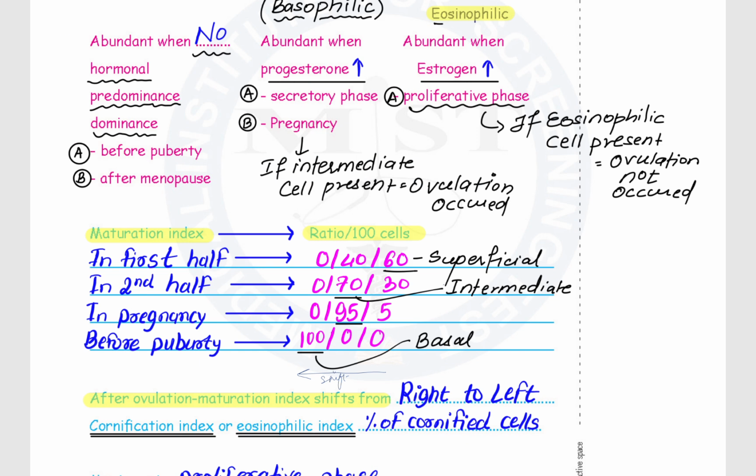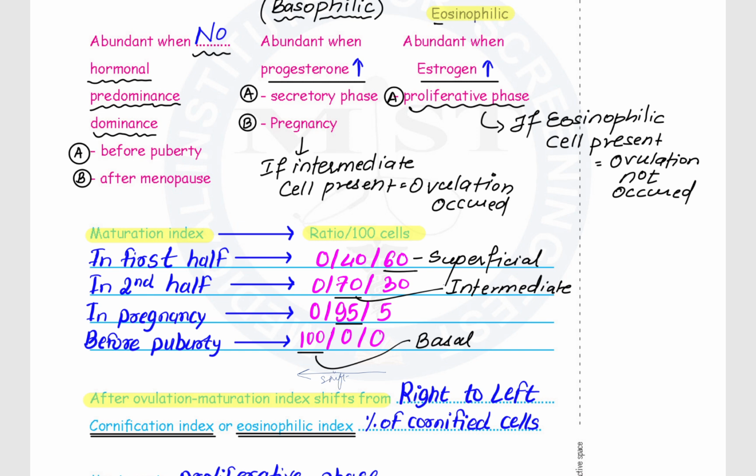Now talking about the maturation index. We calculate the ratio based on 100 cells, okay? So there are a total of 100 cells. Now in first half, estrogenic, what will be predominant? Eosinophilic cells or cornified cells, right? Or superficial cells.